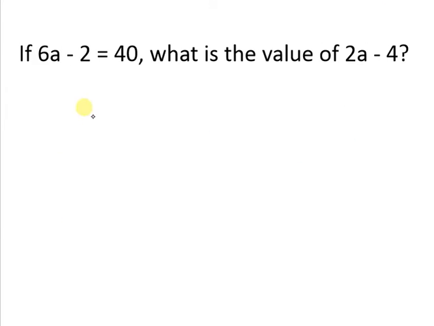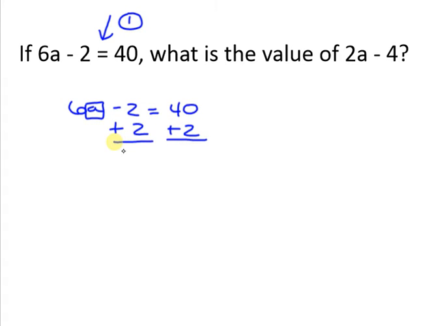All right, if 6a minus 2 equals 40, what is the value of 2a minus 4? So step 1 is where's your equal sign? Well, it's right here. So we're going to solve this part first. So 6a minus 2 equals 40. Box your variable. This is a two-step equation. Plus 2, plus 2, 6a equals 42.